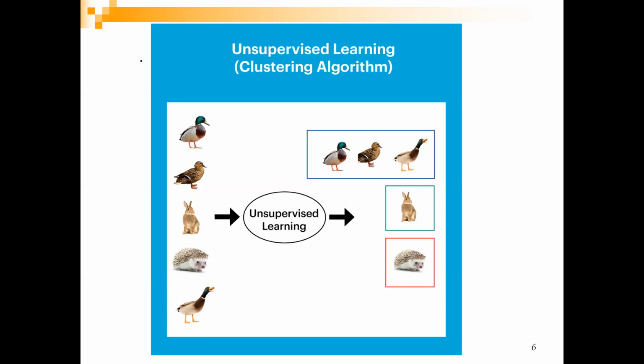Also, you don't have the label information here. That's why clustering is also called unsupervised, because there is no mother now telling you this is a duck, this is not a duck.